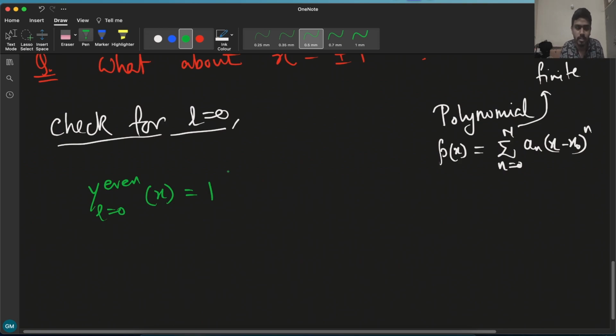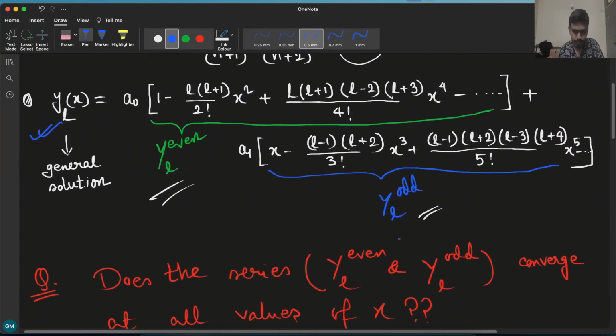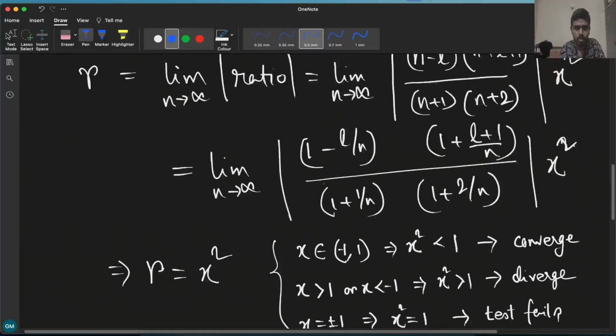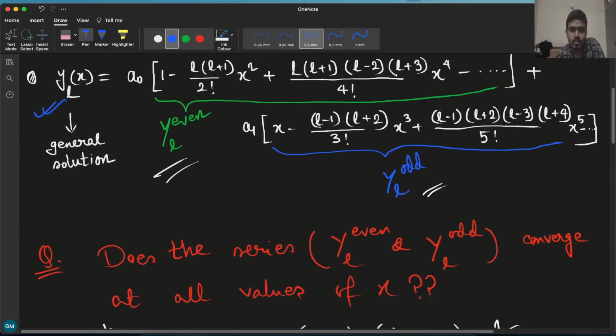But what about the odd series? Does it converge? Let's see. For L equals to 0, the odd series is x minus... So if I put L equals to 0, then it is minus 1, and this minus there will be plus then. So minus 1 times 2 divided by 3 factorial, that means it's 1 by 3.